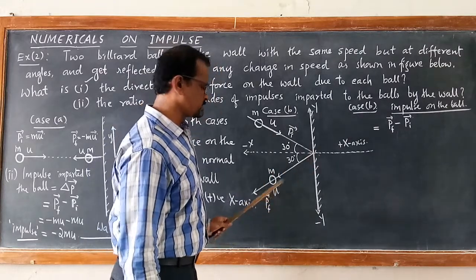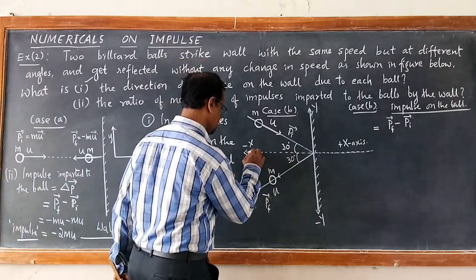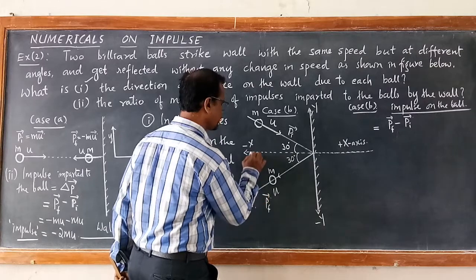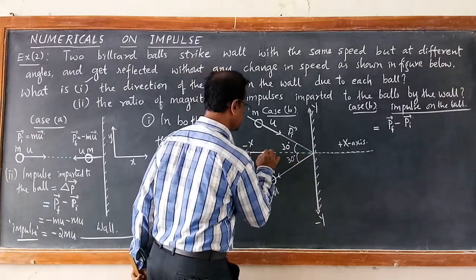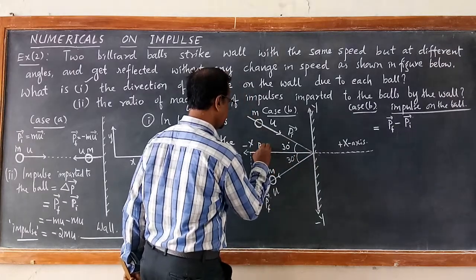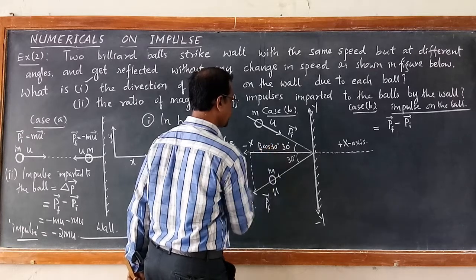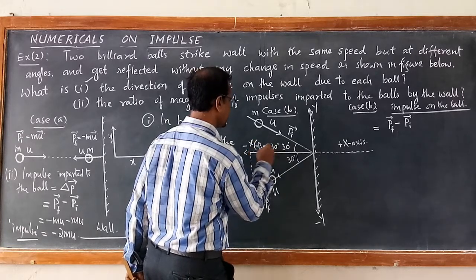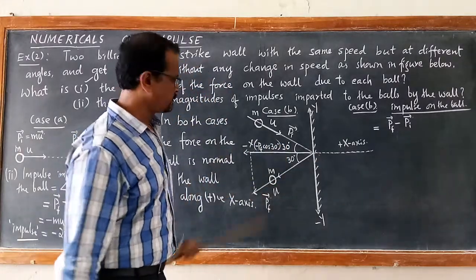So the Pf vector has two components. Resolving the Pf vector into two components, draw a perpendicular to the x-axis, and you will get the x component. What is the x component? Pf cos 30, with a minus sign because it is along the negative x-axis.